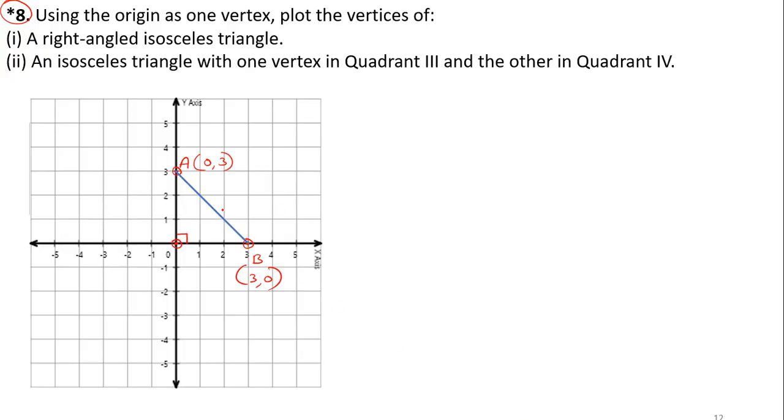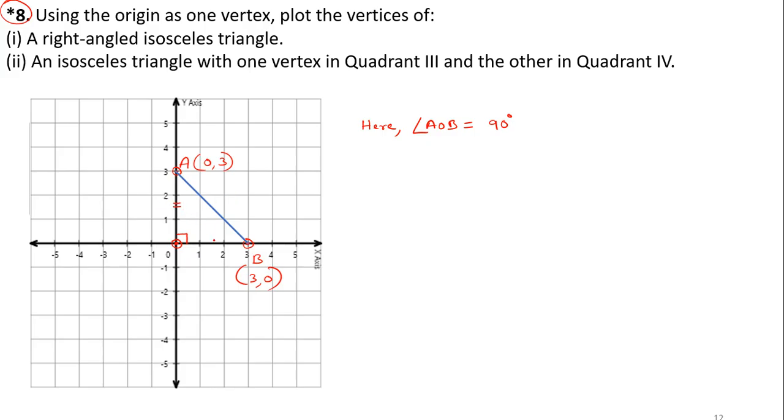So here I have joined point A and B. Now this is becoming a right angled isosceles triangle. Here if we see, angle AOB is 90 degrees, and these two sides are equal.